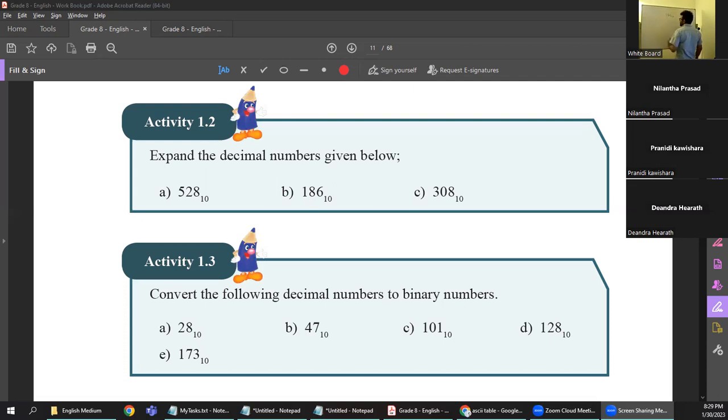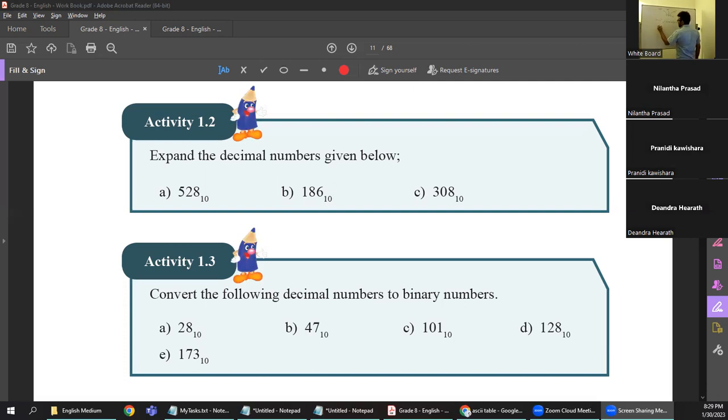Done, sir. Then we'll see how to do that. 10 to the power 0, 10 to the power 1, 10 to the power 2. So it's going to be 6 into 10 to the power 0 plus 8 into 10 to the power 1 plus 1 into 10 to the power 2.